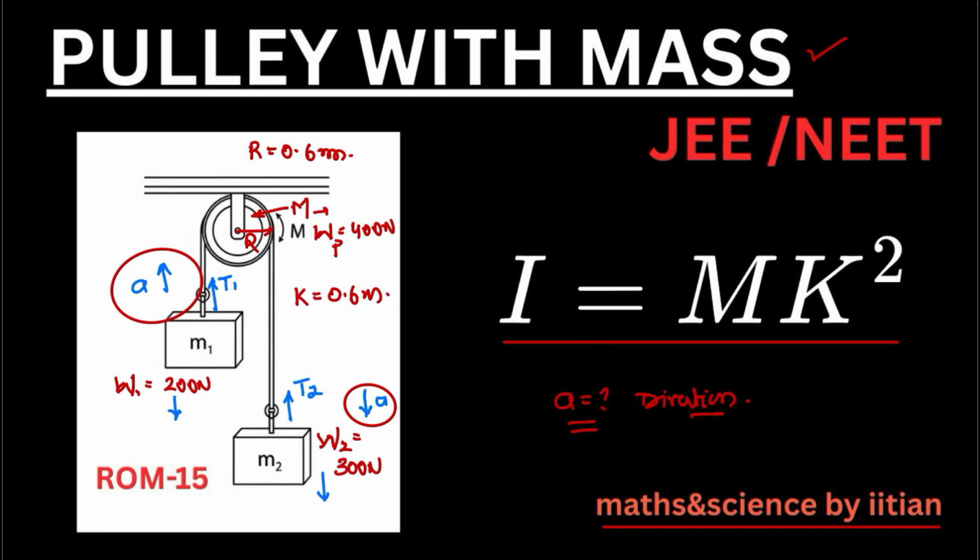That means we have to consider torque, moment, and moment of inertia, and all whatever we have learnt in the rigid body motion, the equation of motion, we have to apply here. How to apply and how to solve this problem, I will explain to you now.